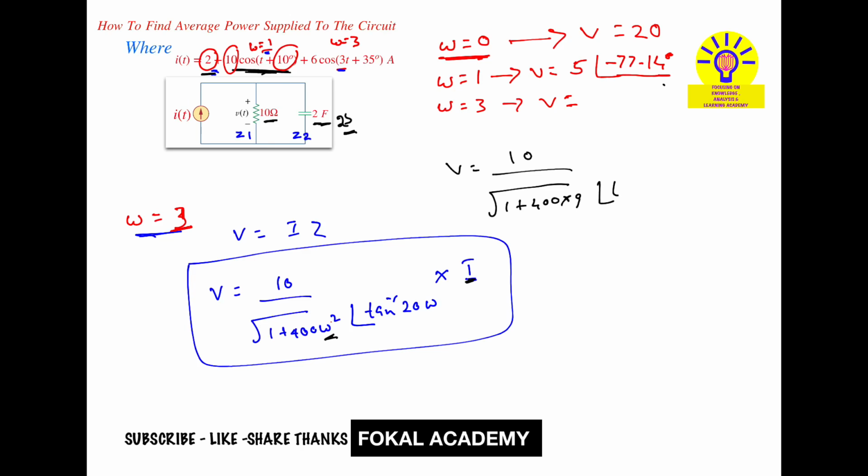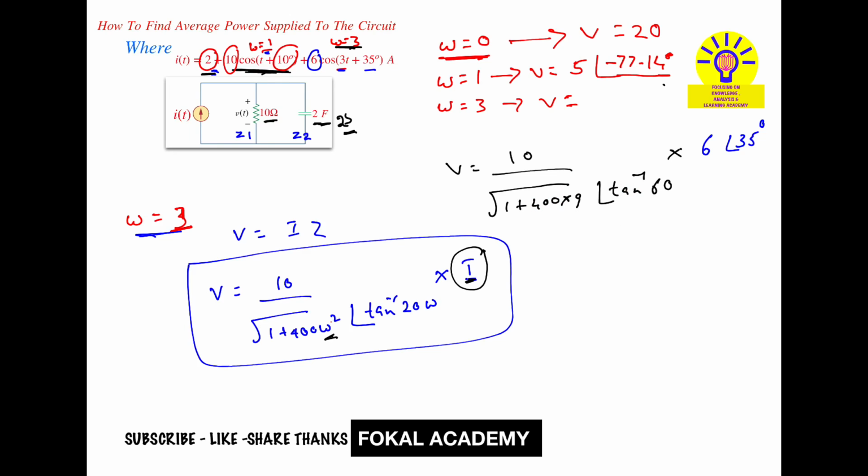Phase angle is tan inverse of 20 into 3, that is 60, into current. So current at omega equal to 3, how much amplitude is there? 6 amplitude is there. So amplitude is 6 and phase angle is 35, because here impedance is also in amplitude and phasor form only.